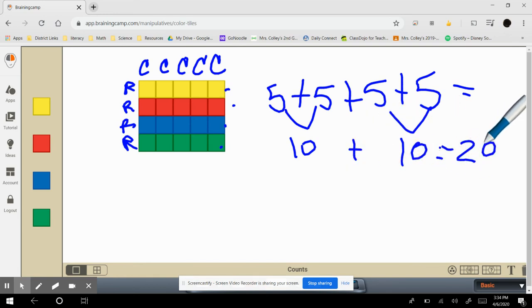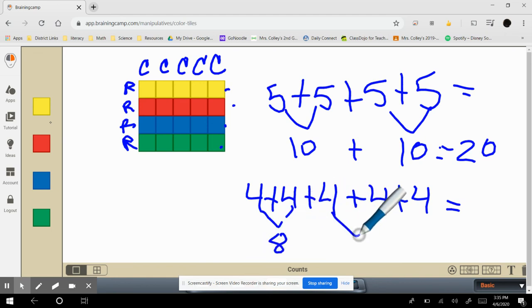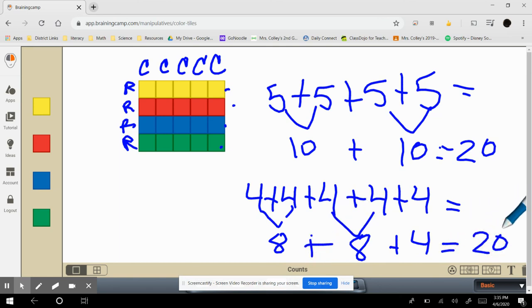Okay? Or I could do 4 five times because I have 1, 2, 3, 4, 5 columns with 4 in each column. So 4 plus 4 plus 4 plus 4 plus 4. 4 and 4 is 8. 4 and 4 is 8 plus 4. 8 and 8 is 16 plus 4 equals 20.